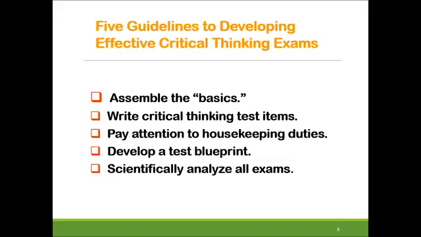There's a 5-step process in the sense of all of these pieces not necessarily coming together in a 1, 2, 3, 4 type ordering, but they need to be present when you're developing critical thinking exams. You've got to have some basic tools, and we'll talk about those. You have to intentionally write at the application and above level on the cognitive taxonomy, and we'll talk about that.